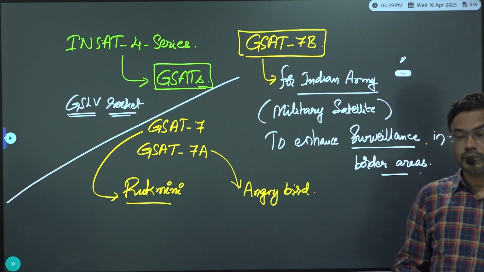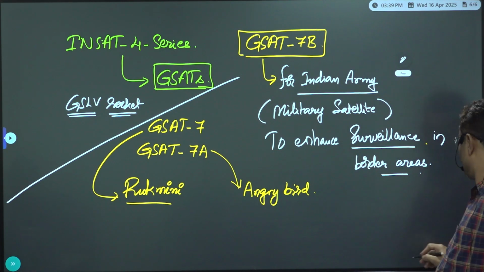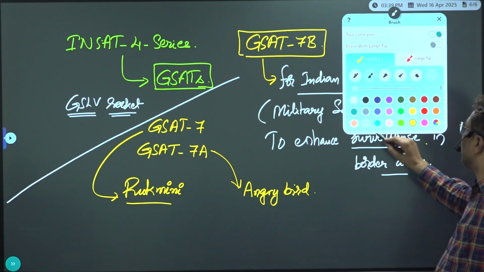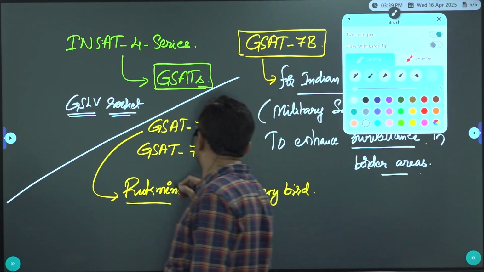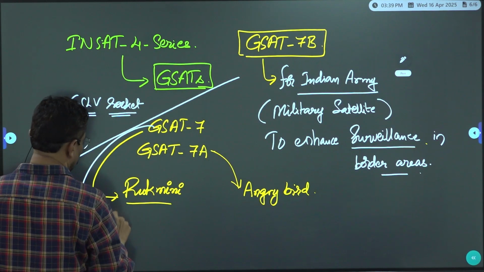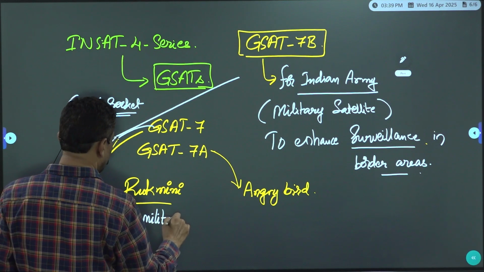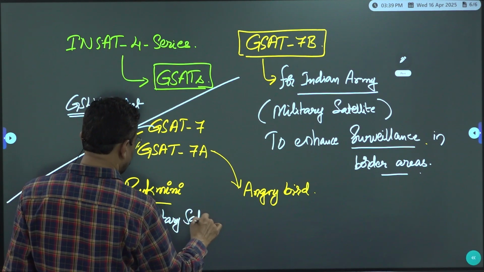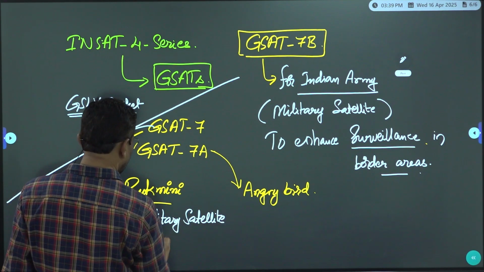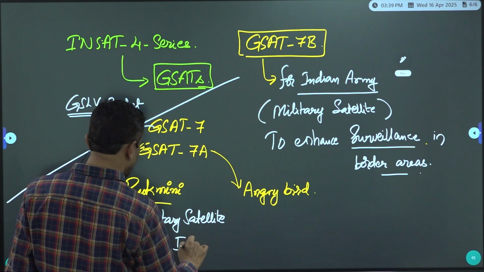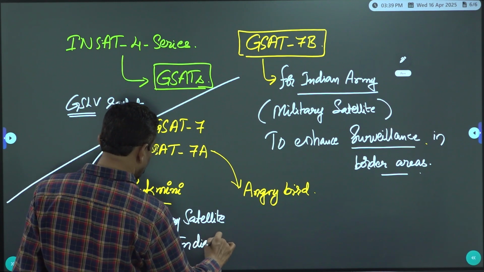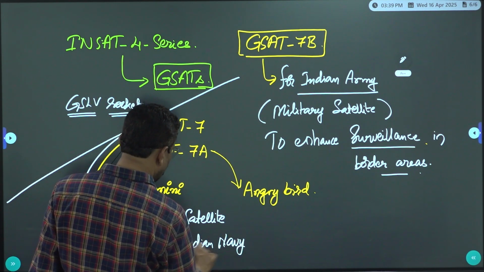GSAT 7, commonly known as Rukmini, was the first military satellite, for the Indian Navy. Remember this one.